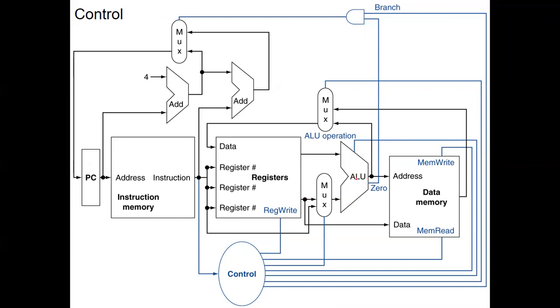So if it is an arithmetic instruction, you need the second operand as a register. If it is a load or store, for example, then you need the immediate value, meaning that this is the displacement or the offset, and you add it to the base register. Now, for this multiplexer, it tells you if you want to write back to the registers, where do you write back from?